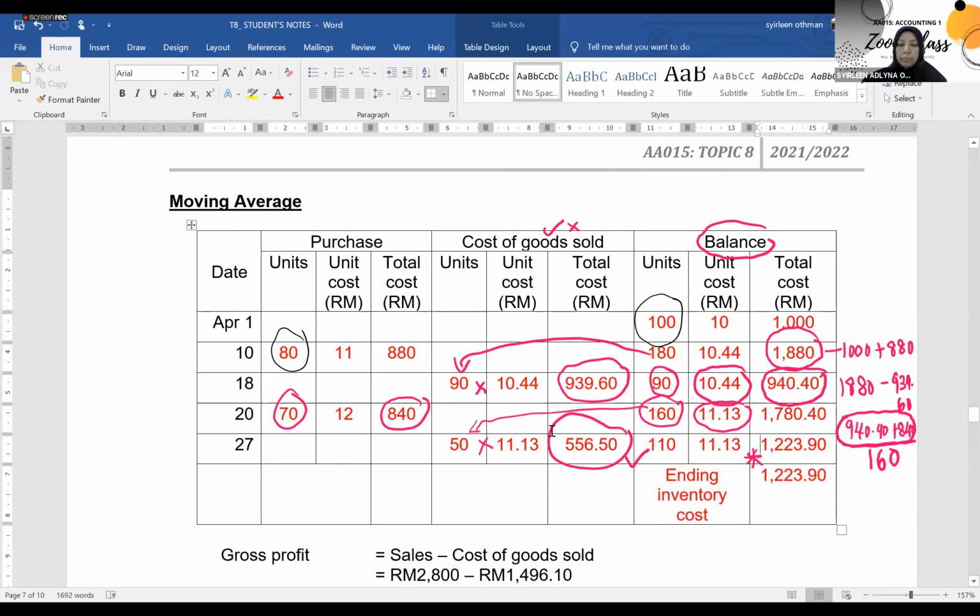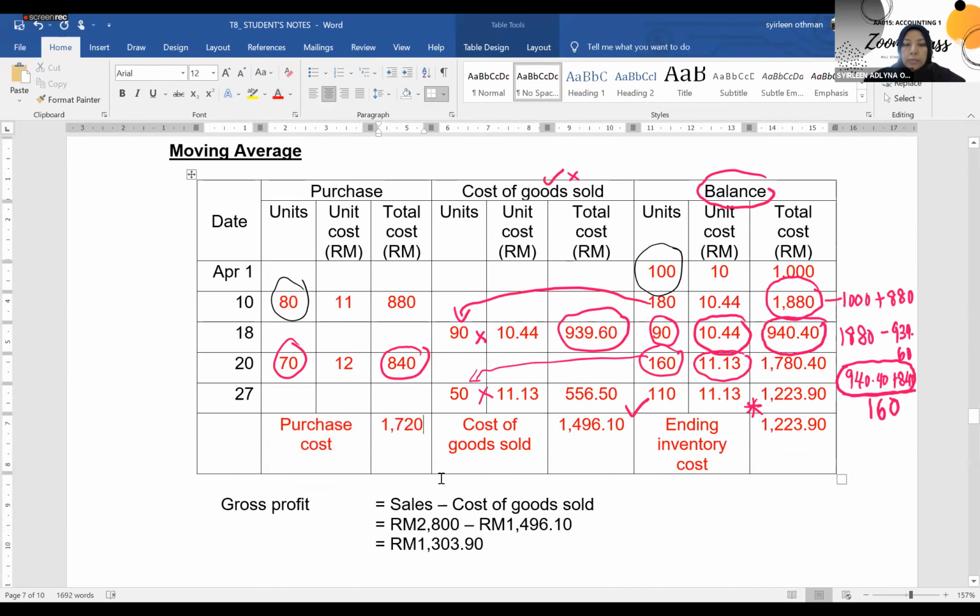Lepas tu my COGS 939.60 plus 556.50, campur ya. So kita dapat 1,496 ringgit and 10 cents. Okay, and then kita akan campur juga kita punya purchase cost. Alright, so your purchase cost tak ada beza lah, is 1,720.